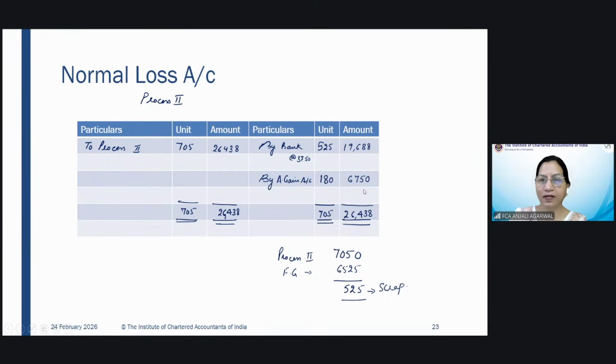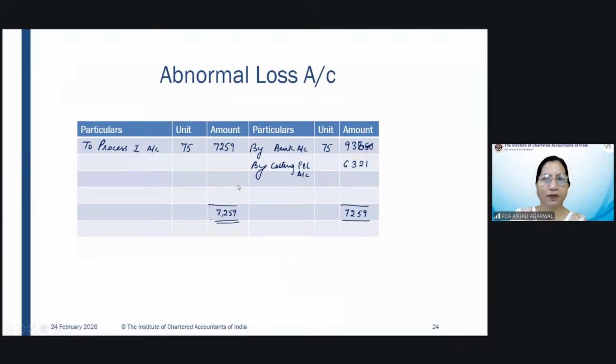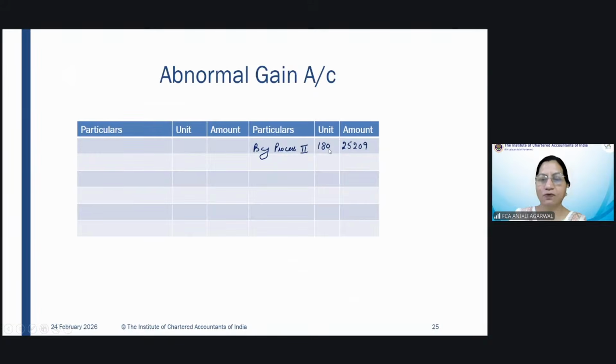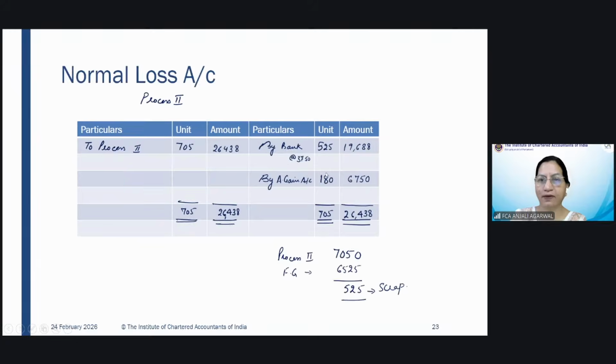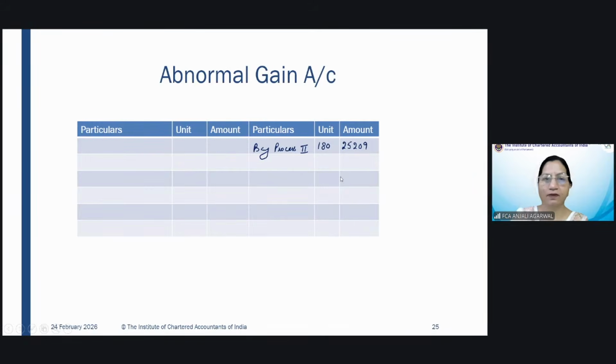So in the abnormal gain account, we will say to process 2, 180 units at 25,209, but to the normal loss account of process 2, 180 units could not be sold, which would otherwise have given us 6,750 rupees.